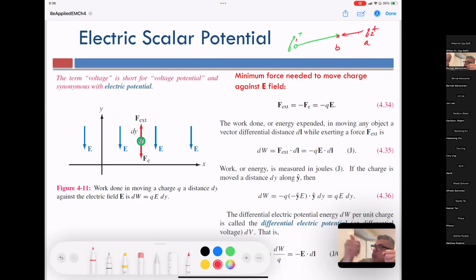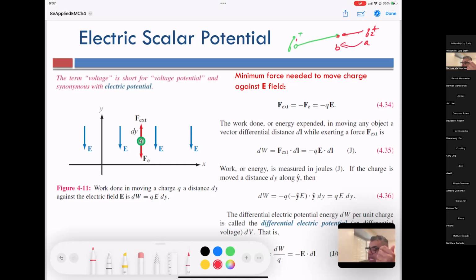It's going to go back to A, or literally just go to infinity far away, but let's say initially it goes back to A. So there's some potential energy that charge gained from going from A to B.